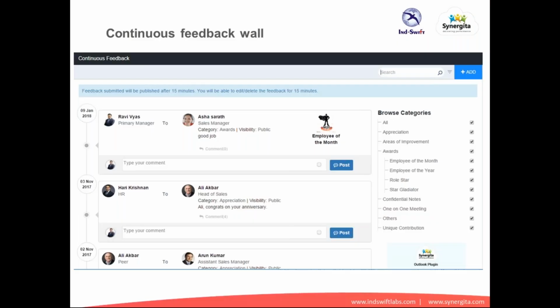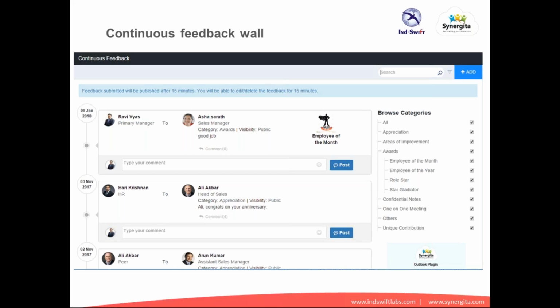This is the continuous feedback wall from the software. This is like an organization-wide wall where people will be able to share appreciations, awards, and you can also use this feature to track confidential notes about the employee performance, to maintain the incident diary about each employee in the system.